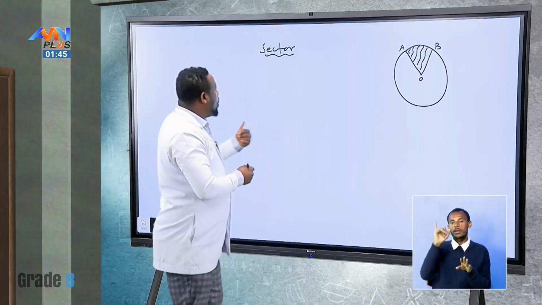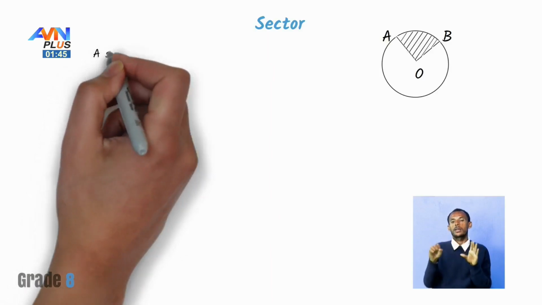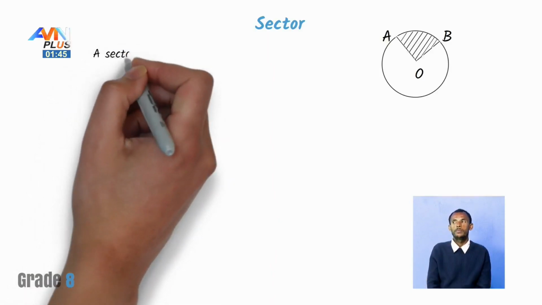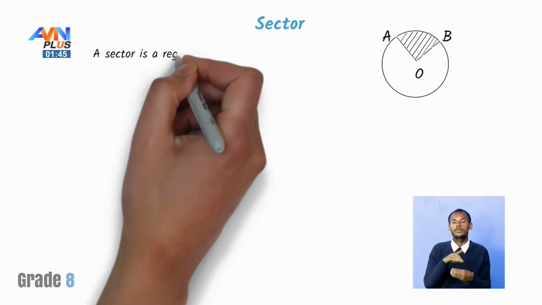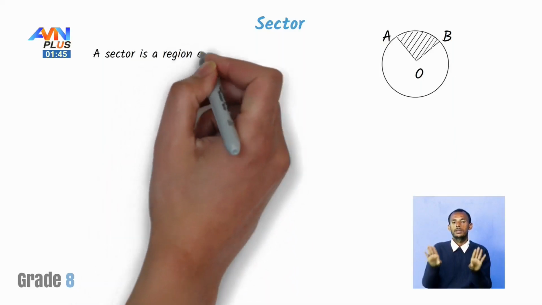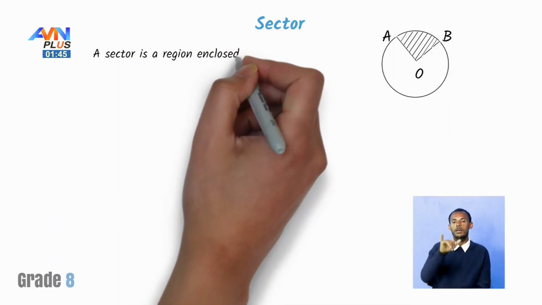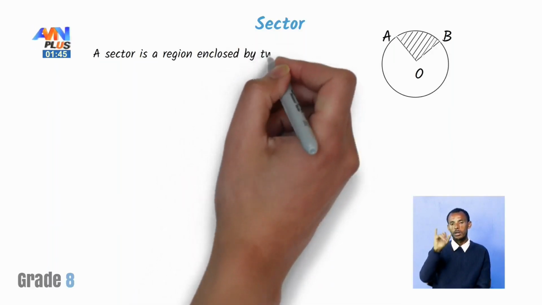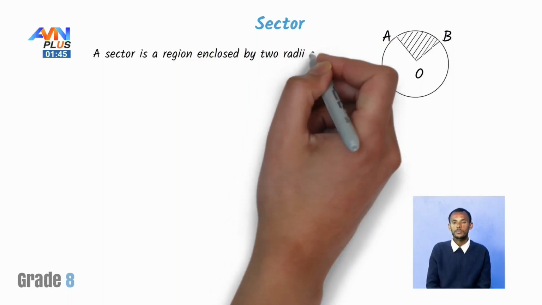Okay, so we define a sector as a region enclosed by two radii and an arc.